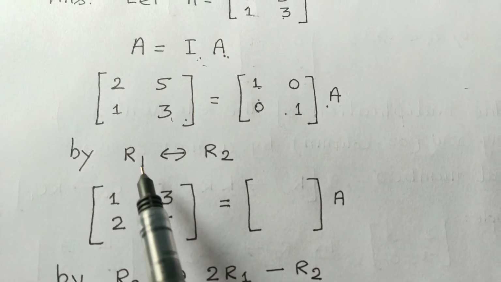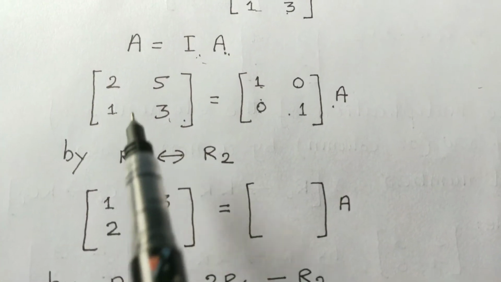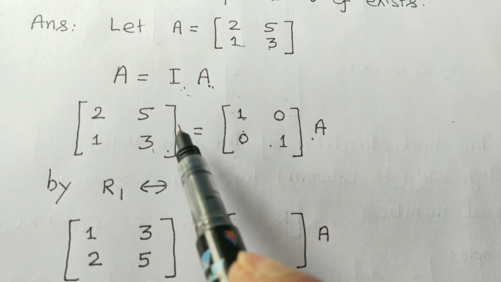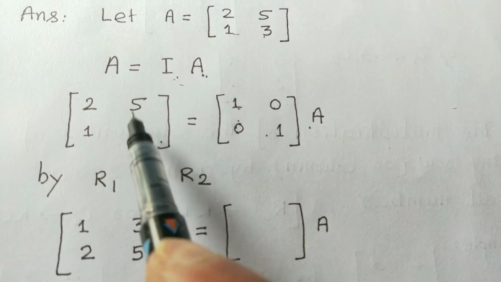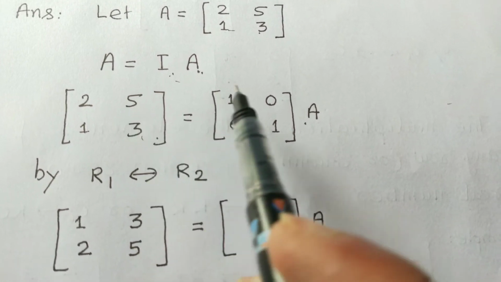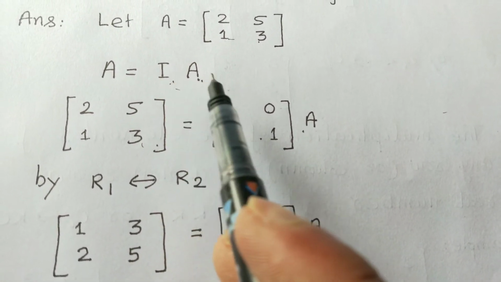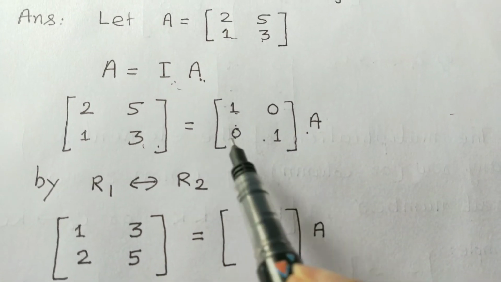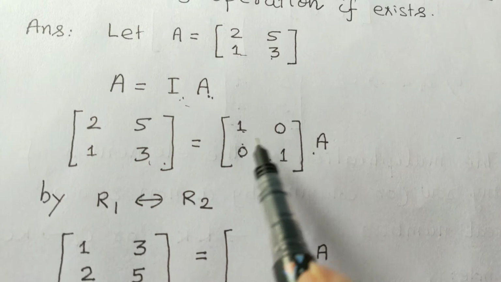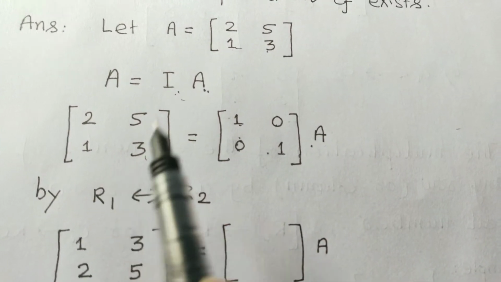Then by row operations I want to change this. The purpose is, this is the given matrix, you want to find the inverse of it, and you have written the identity matrix multiplied by the given matrix.